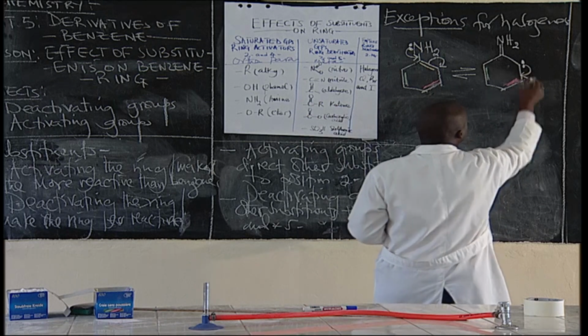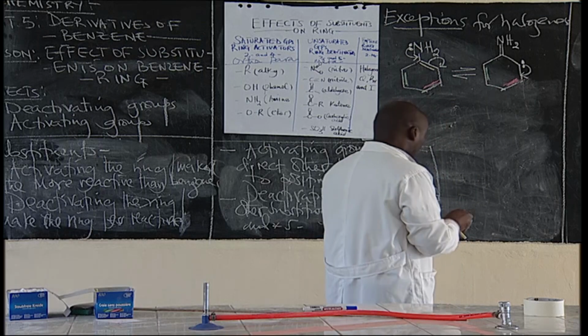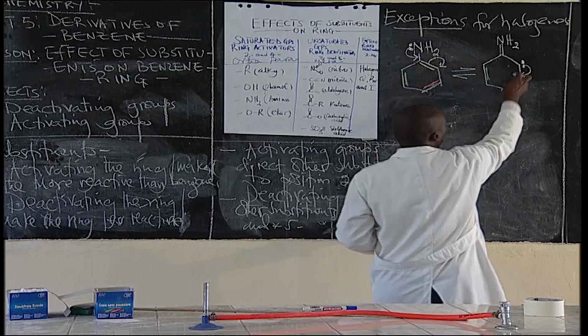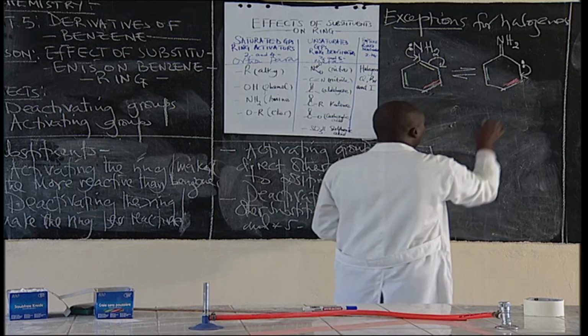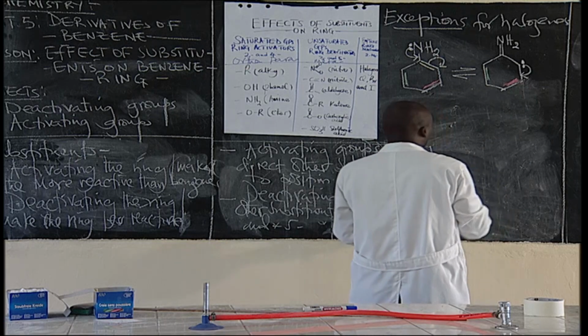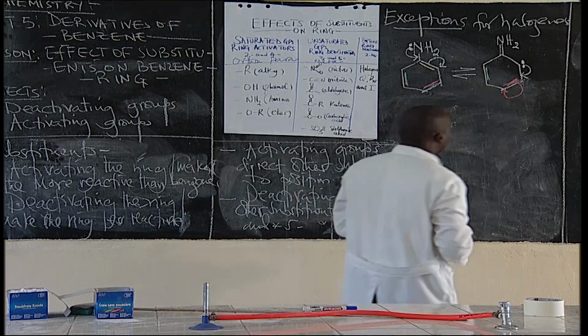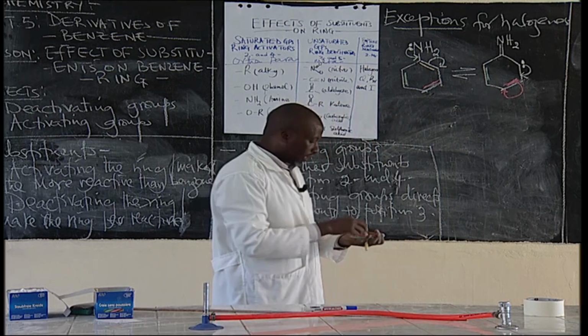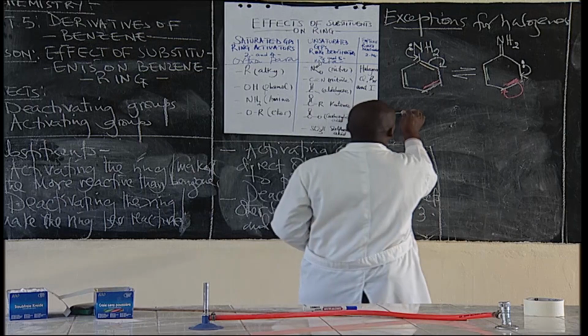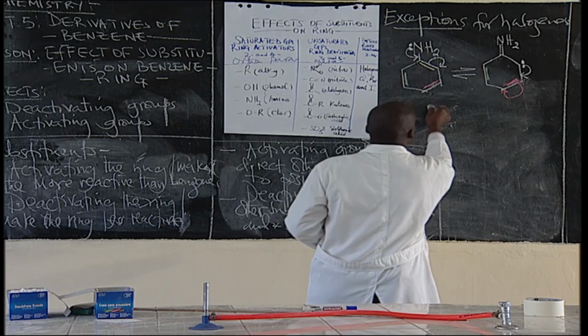So when these electrons are entering into the ring, when the double bond also forms here, we'll have this one breaking out. So the electrons will be now moving to this carbon atom. So when they move to that carbon atom, this is the structure now that is formed.